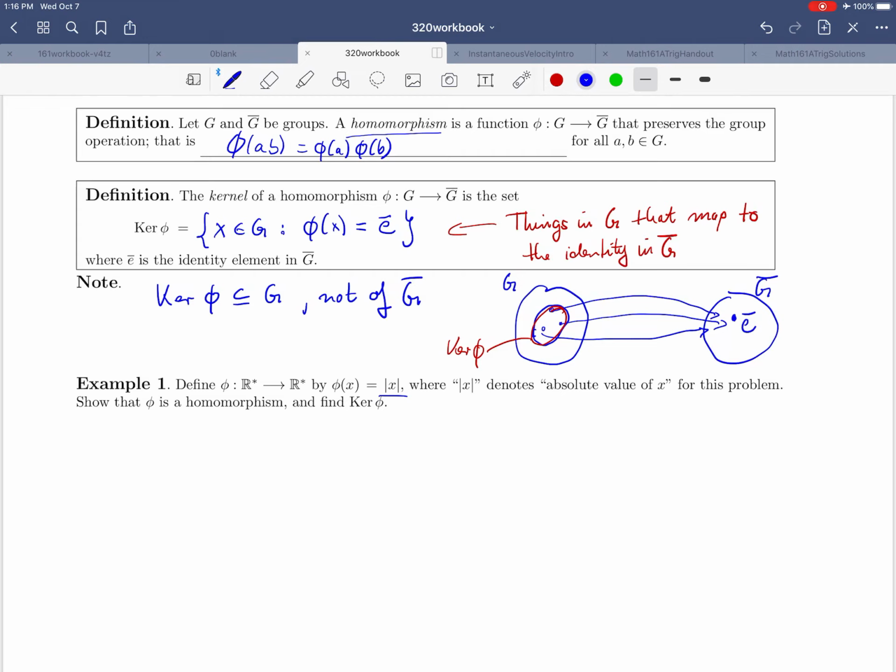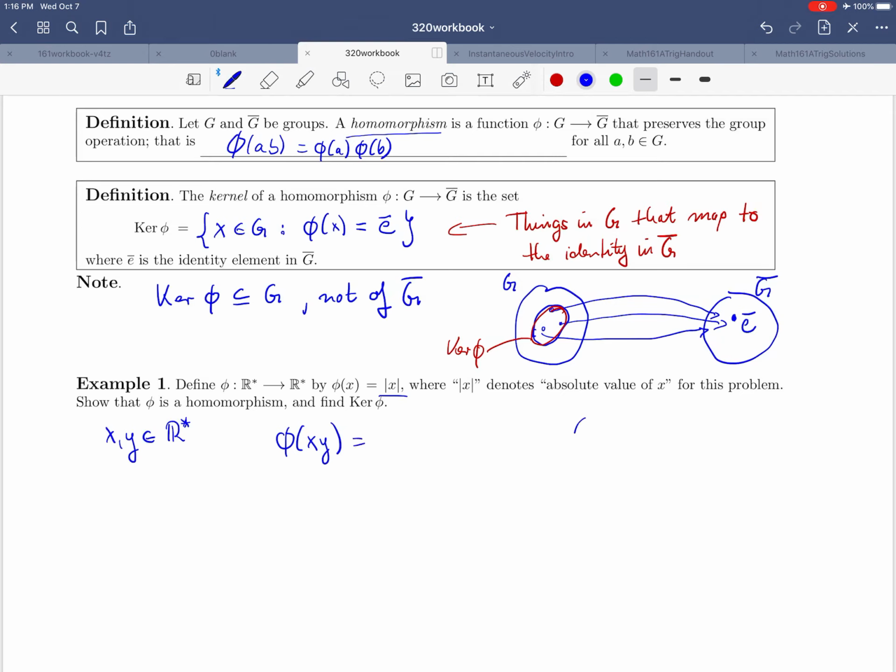There's only one thing we need to show: that it preserves the operation. So we take two elements x and y in R star, the real numbers without zero, and we look at phi of xy.